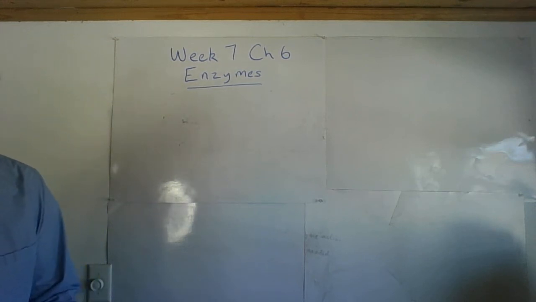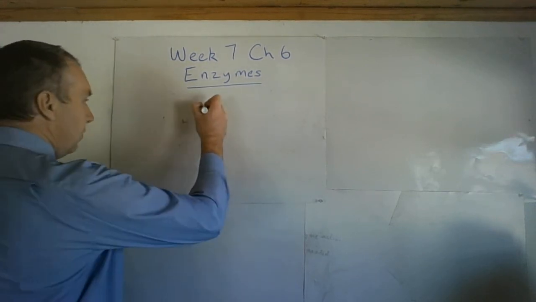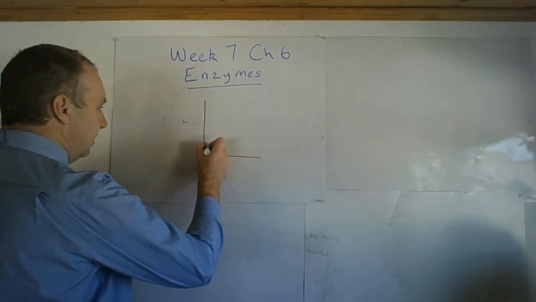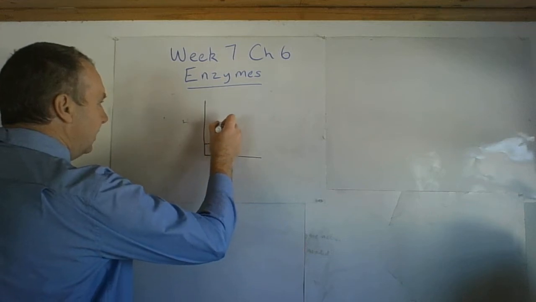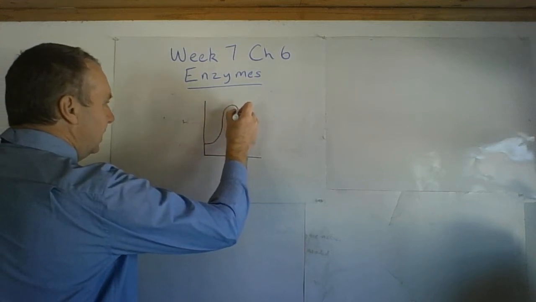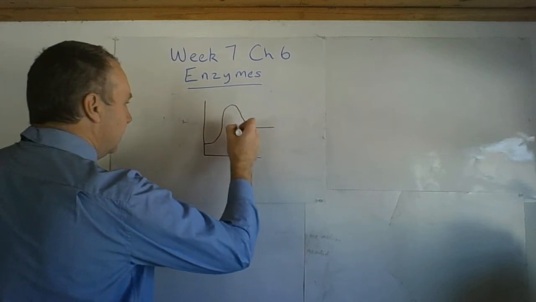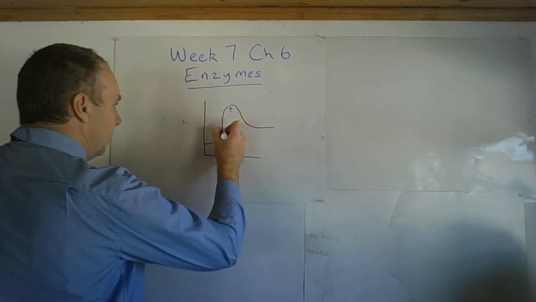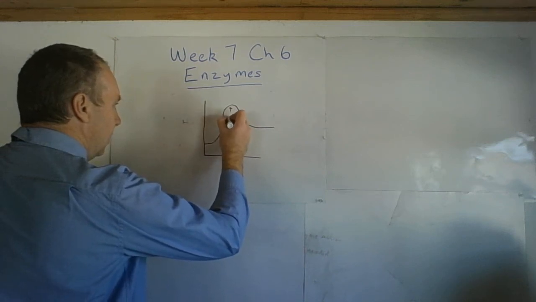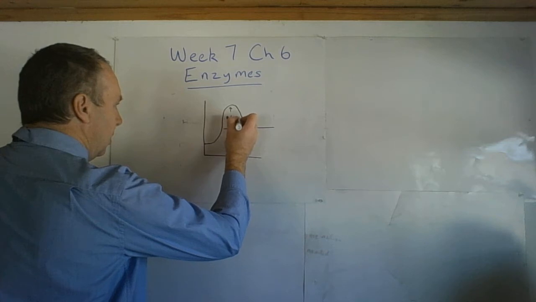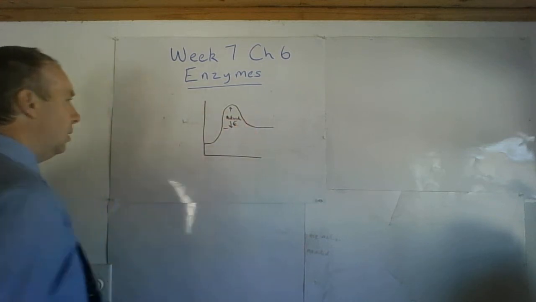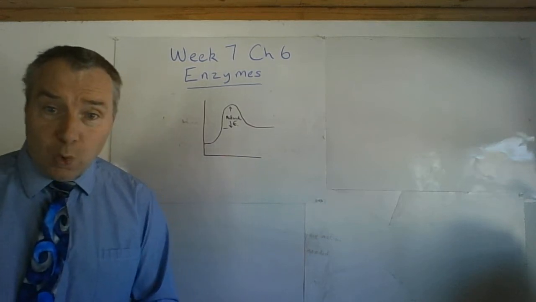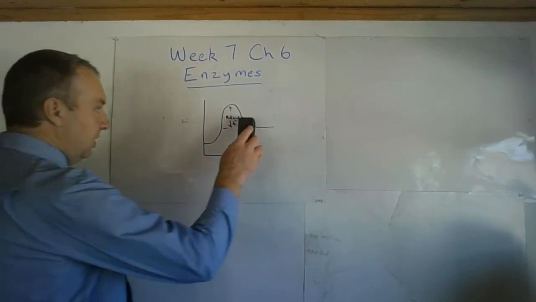You've probably seen a graph like this, a graph of a reaction. We have the reactants over here, and energy is needed for the reaction to go ahead, and this is called the activation energy. This difference here. Well, what enzymes do is they lower the activation energy.